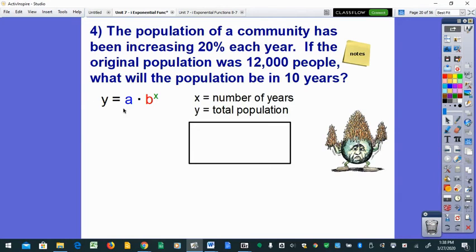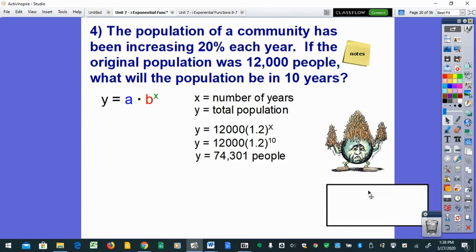So A would be 12,000, B is going to be 1.2 once we take that percent off and move the decimal 2 places, add it to the 1, and then our x is going to be raised to the 10th, and you would see when we put it in the calculator, it's 74,301 people.